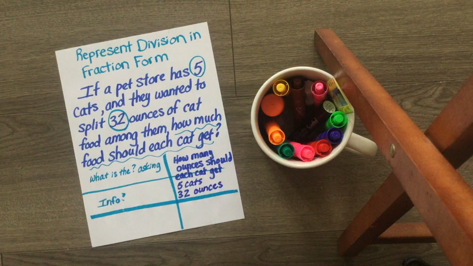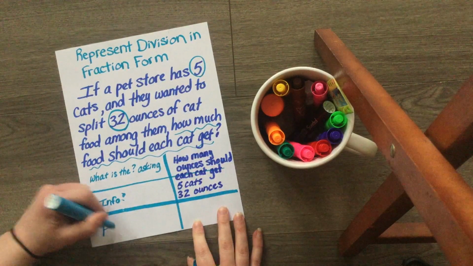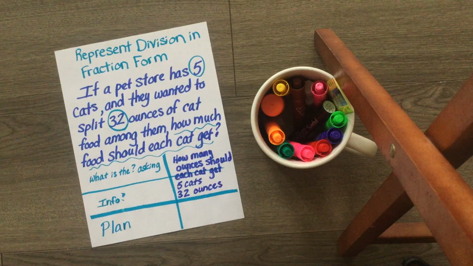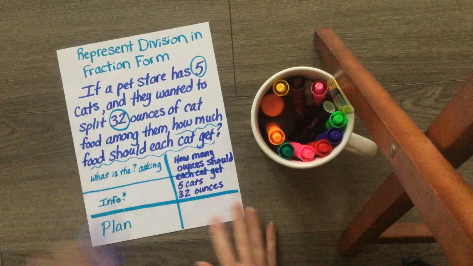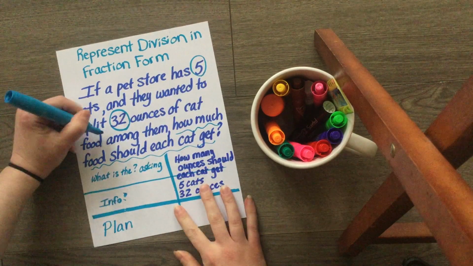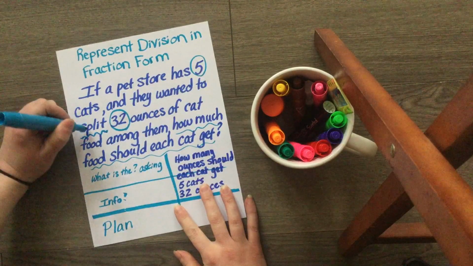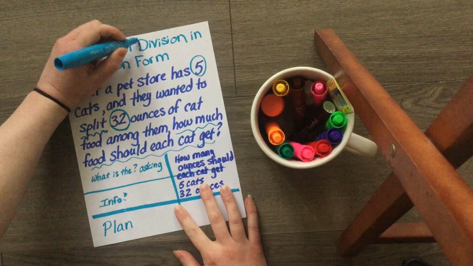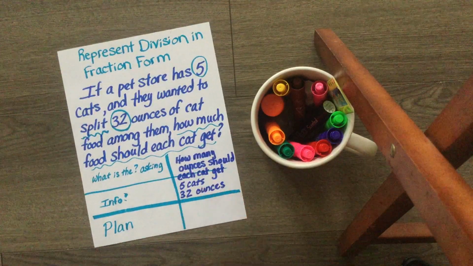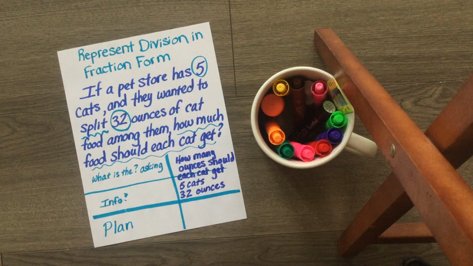Now, the next step is I have to form a plan. Very clearly in this problem, I noticed a clue word. The clue word was split, and that's very consistent with division. Split actually indicates that I need to divide when I'm trying to find the answer to this problem.